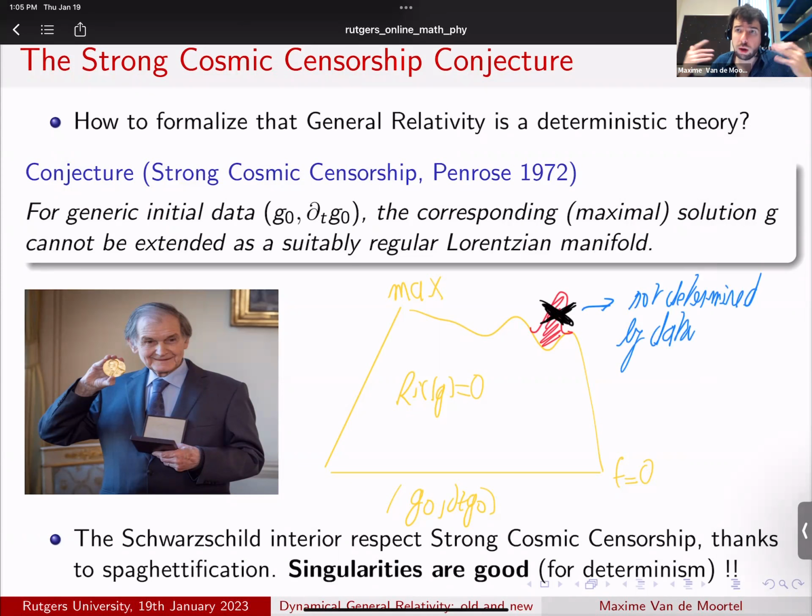That means there is more to general relativity than the Einstein equations, which is not very appealing. So that theory could still be deterministic, no? Well, not so much in that sense. Yes, if you had something else, but at least the current understanding of general relativity using the Einstein equations would not be deterministic in that sense. It would be deterministic once you add something else. Sure, in that sense, yes.